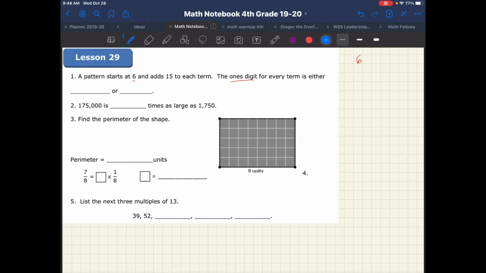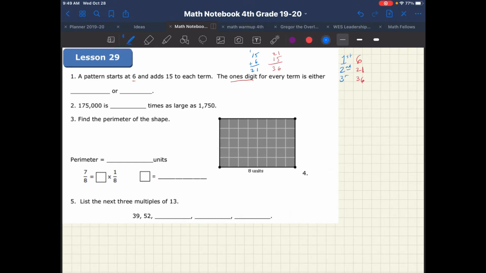So our first term in the pattern is 6. And then I add 15. 15 plus 6. What is 15 plus 6? That's 21. So my second term is 21. Let's add 15 to 21. 21 plus 15 equals 36.